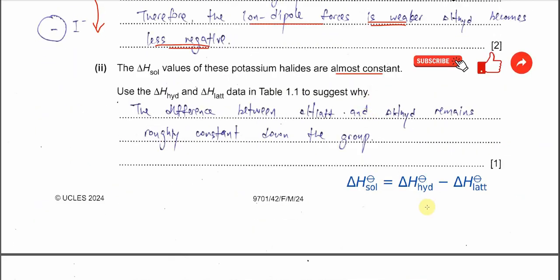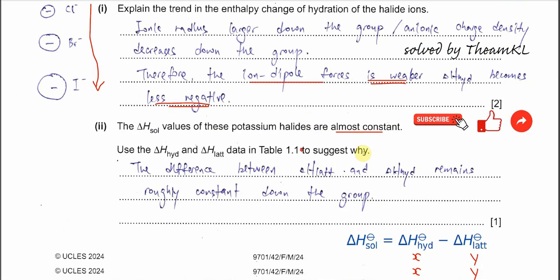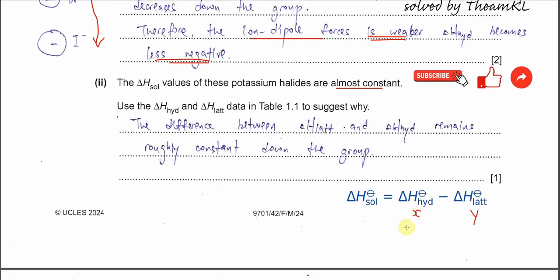Okay, let's say now we have the values for this hydration enthalpy, say X, and the lattice energy, say Y. For the hydration enthalpy, the change from bromide to iodide is 42, so it's plus 42.